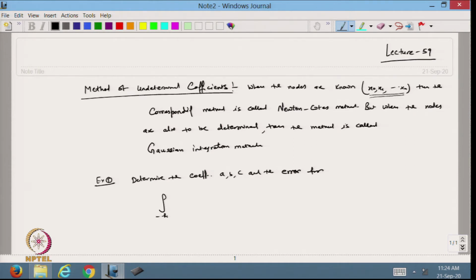The integral from minus h to h of f(x) dx is given as A f(-h) plus B f(0) plus C f(h).